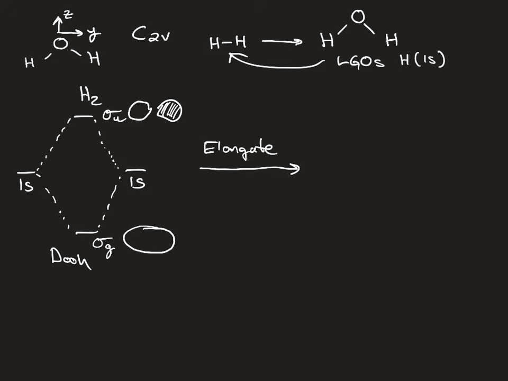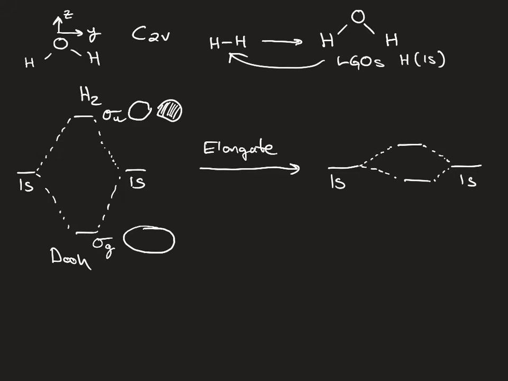As we elongate that HH bond, because those two 1s orbitals are further apart, there's going to be less overlap, but we can still form linear combinations of those hydrogen 1s orbitals. You're still going to get one that goes up and one that goes down.